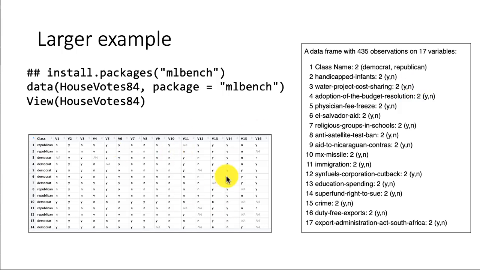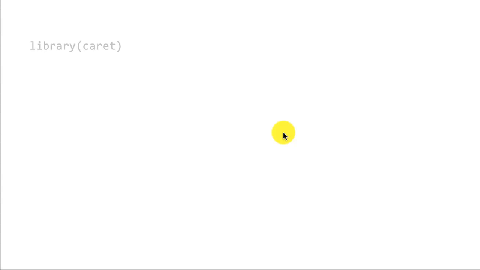What we want to do is, given the votes that a person had in Congress on the particular issues, see if we can predict what their party was. Of course, this doesn't have any future or practical application, but it's a good illustration of how naive Bayes can work and what kind of problem it is suited for.